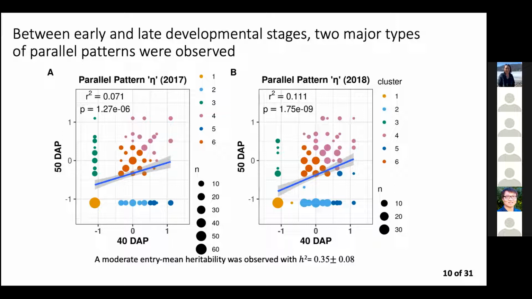Our first hypothesis is that this may be due to light: because the plants are growing bigger at 50 days after planting, the competition from adjacent plants naturally increases, and therefore pushes the plants to reorient their canopy orientation.